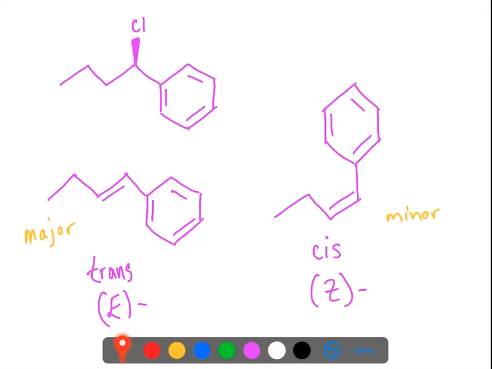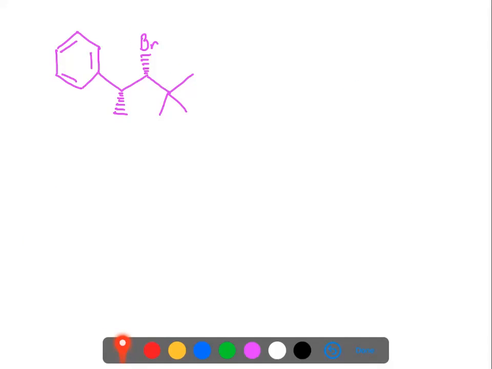Now let's look at an example where we obtain a stereospecific product. So let's identify the major and minor products for the E2 reaction when this substrate is treated with a strong base. Now, when we look at this particular alkyl halide, we notice that there are two beta positions. There's a beta position here and a beta position here.